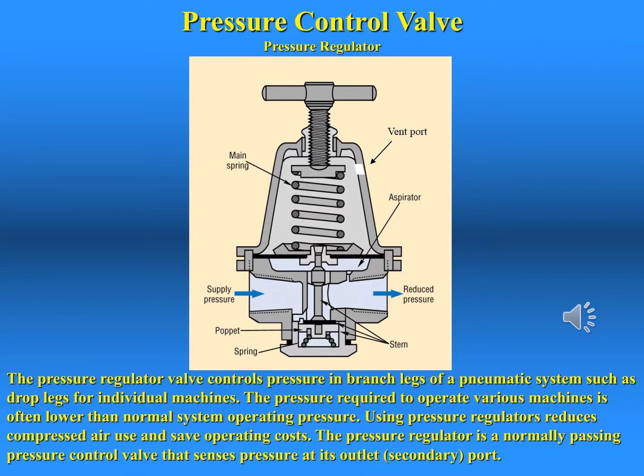The pressure regulator is a normally open or passing valve which closes when downstream pressure reaches the tension of its spring. Tension on the spring is adjusted by the control knob or T-knob. When set pressure is reached, the diaphragm pushes against the spring, causing it to compress. Then the stem moves upward, which forces the poppet in the path of air, restricting it.